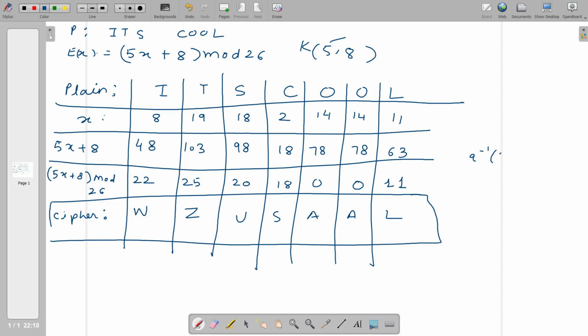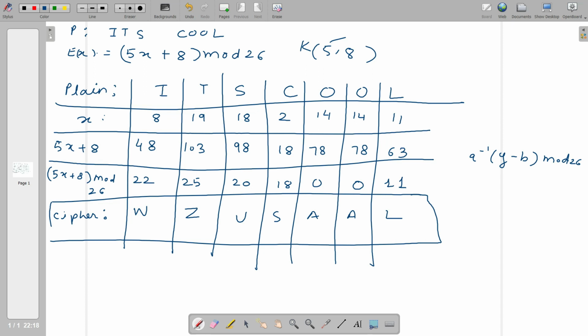So as we discussed, we need A inverse. We need to decrypt this message, we need A inverse (Y minus B) mod 26. So let's do decryption also. In the next line I'm going to take this ciphertext and show how the plaintext comes out to be SCHOOL.